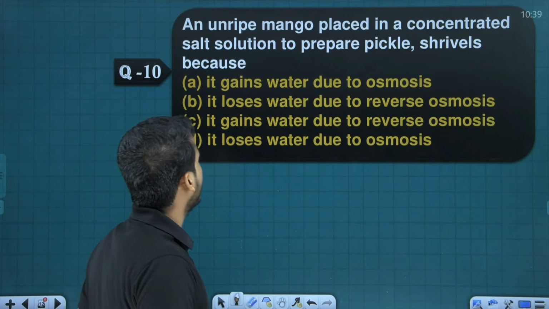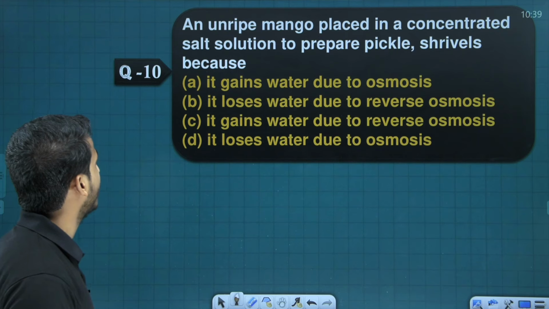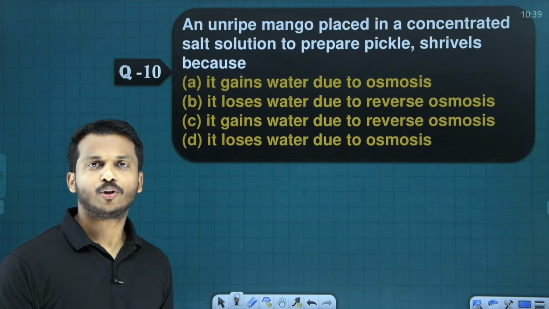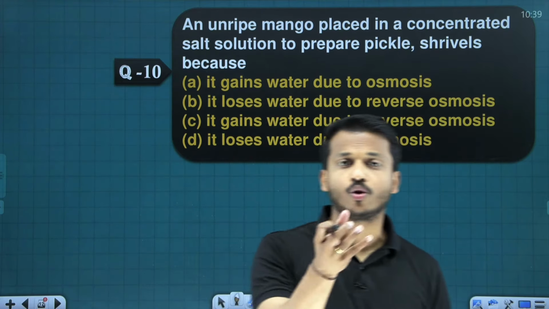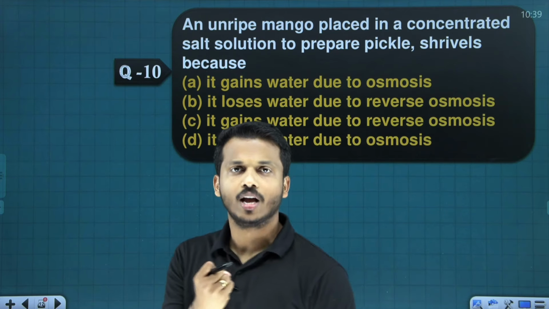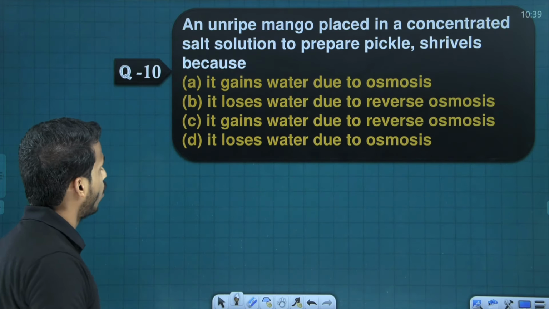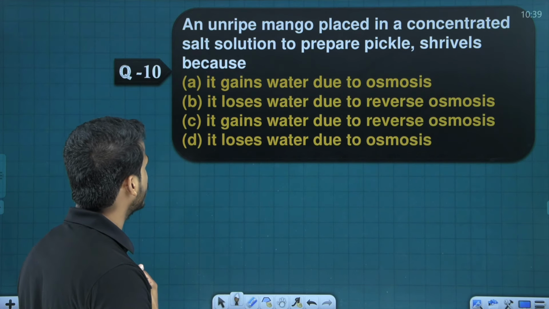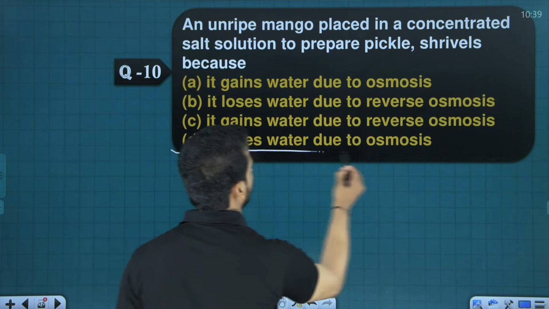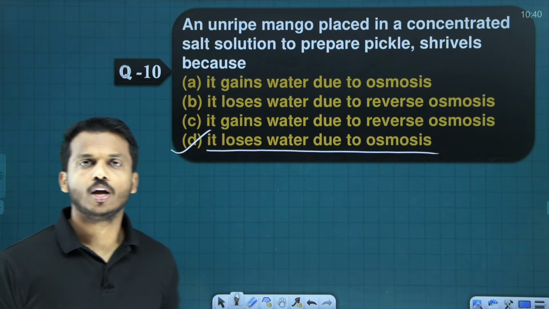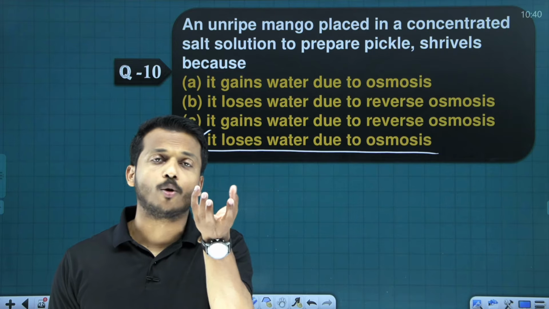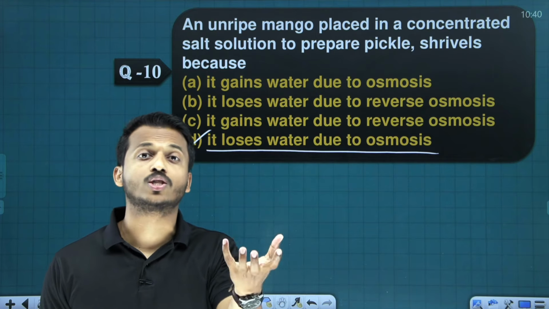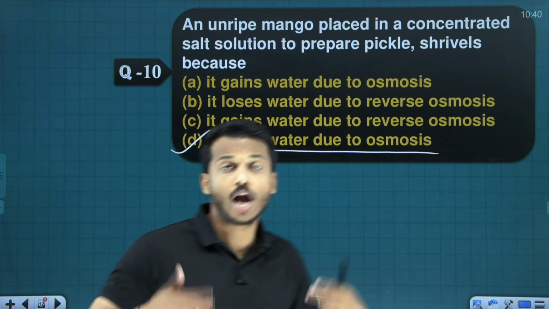Next one: an unripe mango placed in a concentrated salt solution to prepare pickle shrivels because, you know, an unripe mango, a raw mango, when you keep it in salt solution, it will shrink, right? That is due to osmosis. It loses water due to osmosis, not reverse osmosis. It does not gain water, right? From the raw mango, the pulp or the liquid part is leaching out into the salt solution, because the salt solution is hypertonic, with high osmotic pressure.